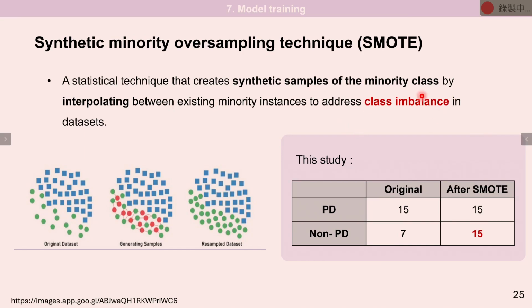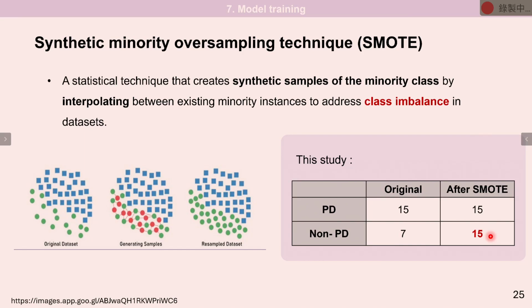In our study, the minority class is non-PD, and we use SMOTE to generate synthetic samples to match the size of the PD class. And after that, we can finally train the model.